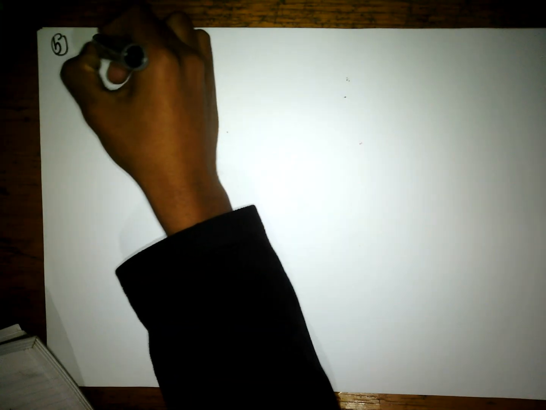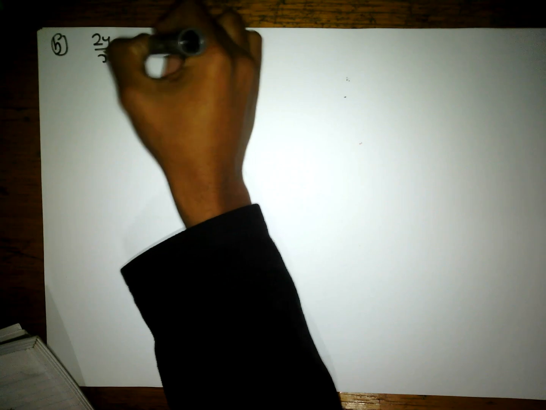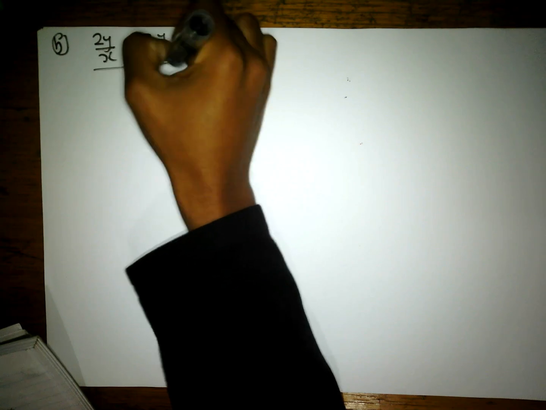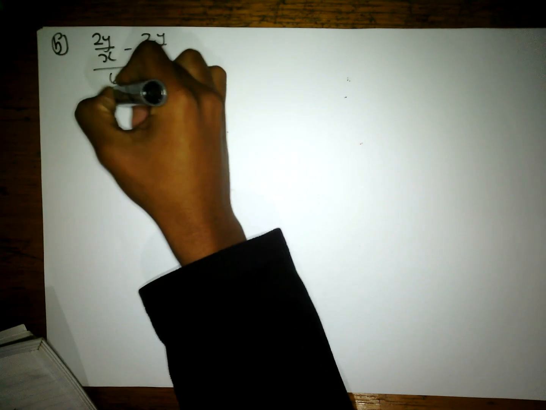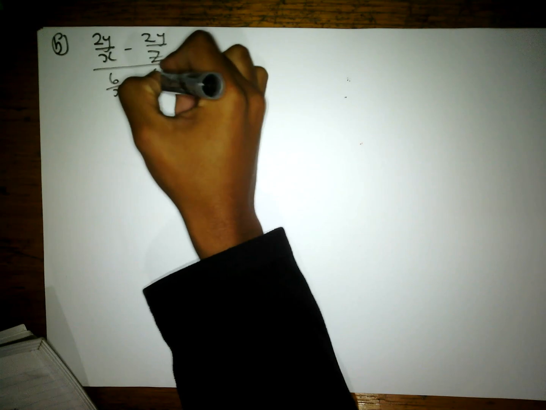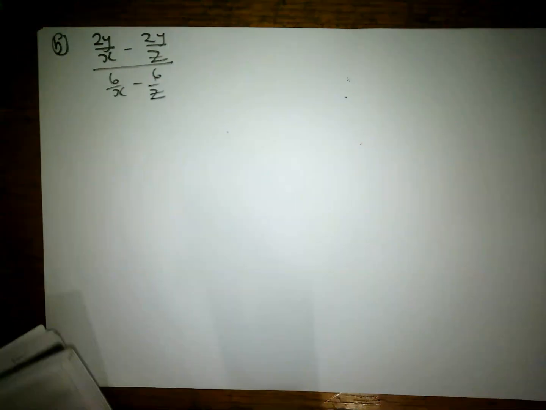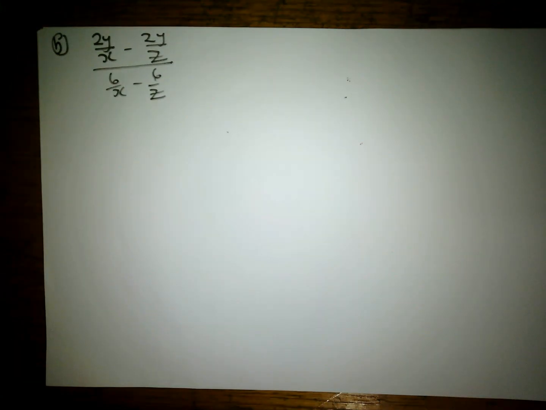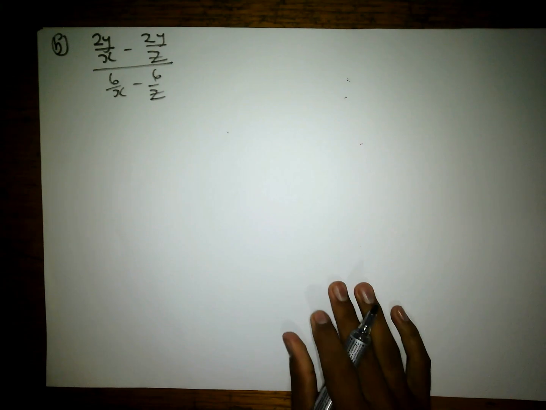So this next one is showing 2y over x minus 2y over z, over 6 over x minus 6 over z. When you see this, you see it as a lot.